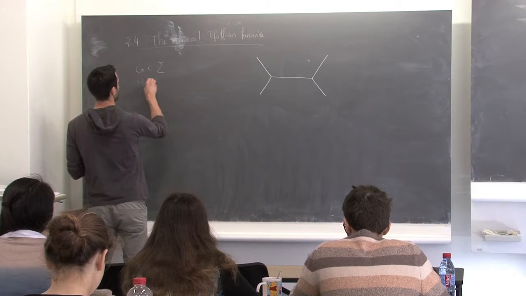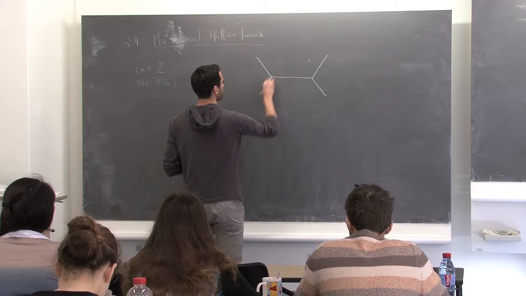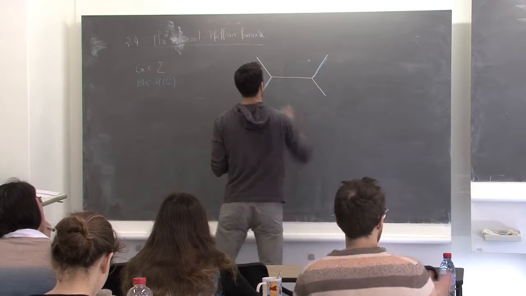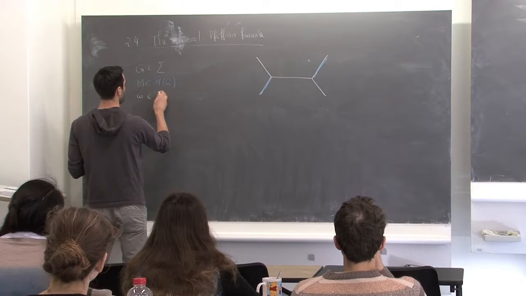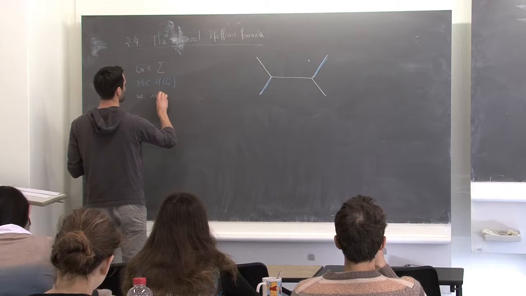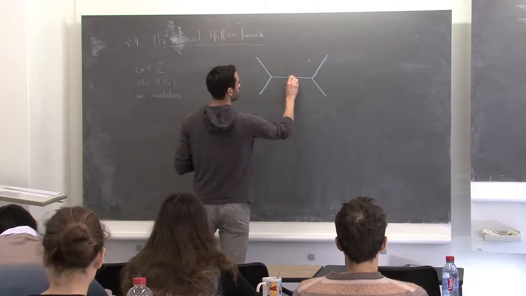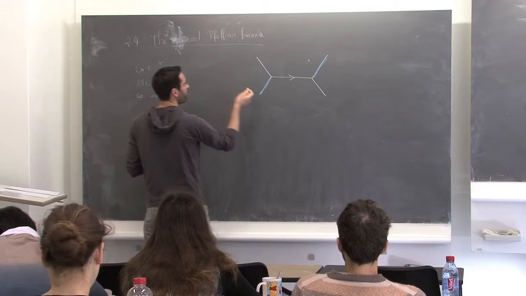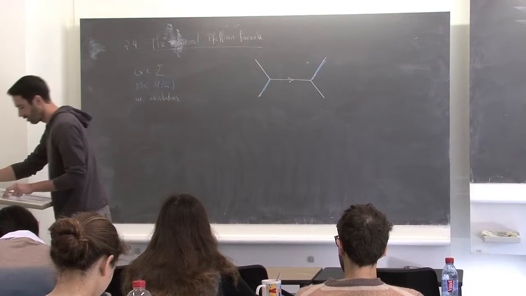So if we fix a perfect matching on the graph, and if we also fix an orientation on the graph, then with all of this, we had devised a way to construct a vector field.